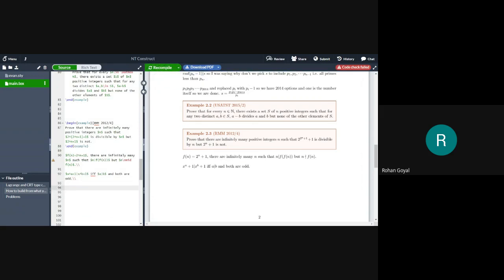Yes. Now, what does this mean? How does one prove this lemma that I just wrote? It's easy to do. Okay.